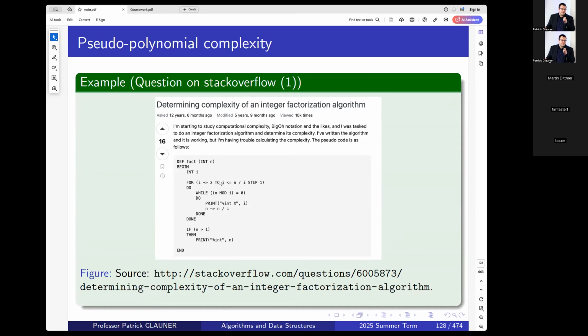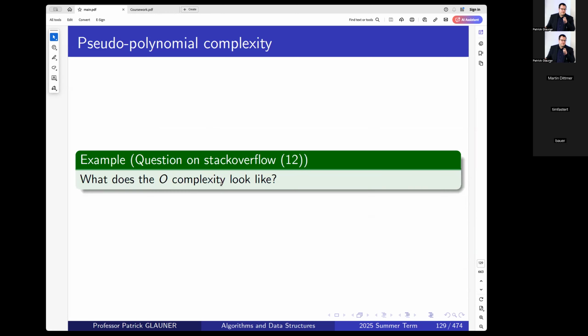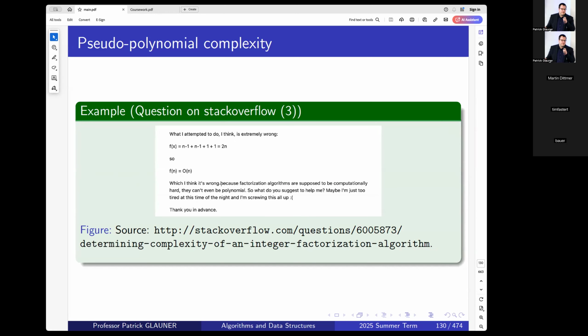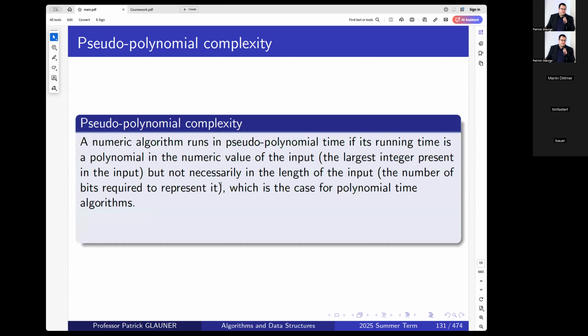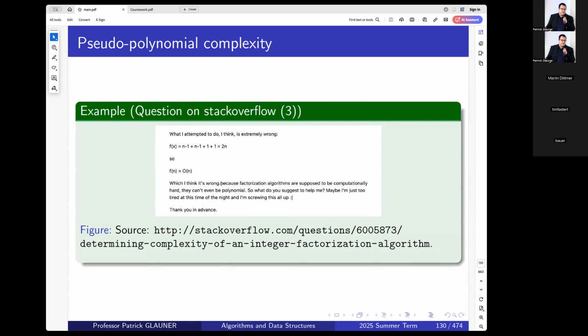So suddenly we would wonder if integer factorization is linear, but in fact it's not. It's exponential, and that's why cryptography is so challenging.